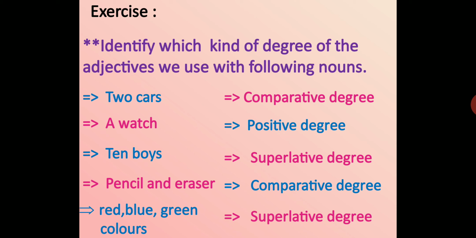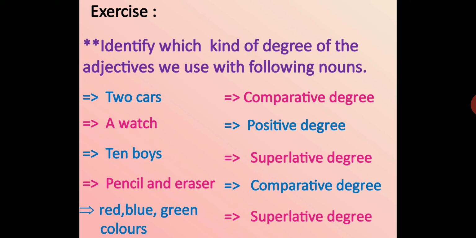Now just revise. Today we learnt about the 3 degrees of an adjective, and also we learnt in which possibility, which kind of degree we will apply in the sentence.